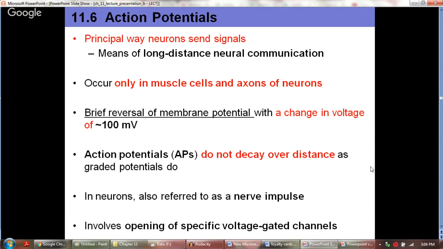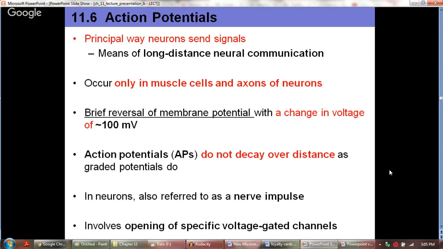What is very important is the action potential. The action potential is the principal way neurons send signals. It means long-distance neural communication. It occurs only in muscle cells and axons of neurons. It's a brief reversal of membrane potential with a change in voltage from -70 millivolts that shoots up to closer to +30 millivolts, a difference of approximately 100 millivolts.